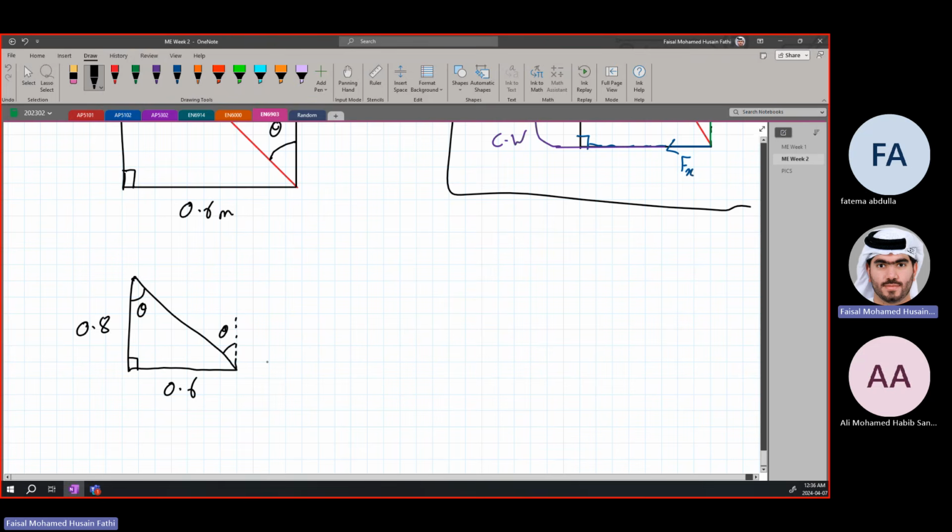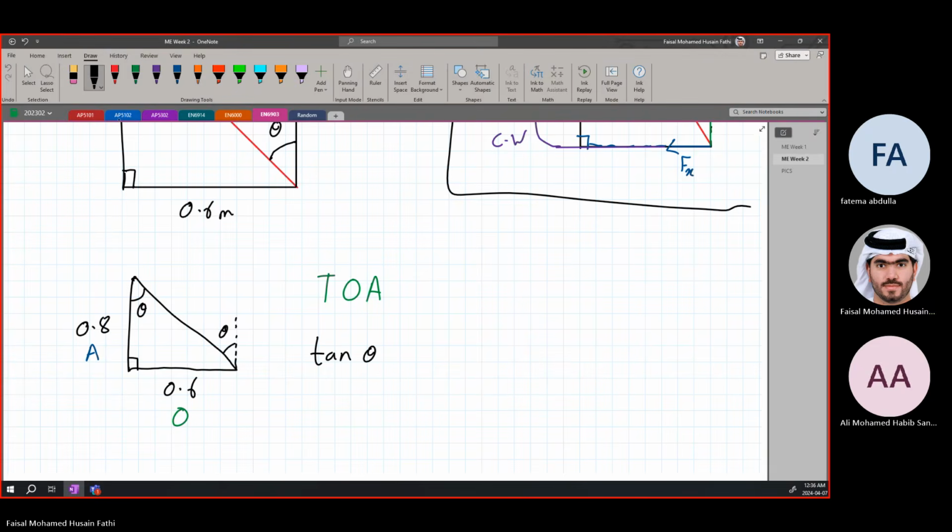So we need to find an angle theta. We have an adjacent, this is the adjacent part, and this is the opposite part. So we're going to use TOA. So tan theta is equal to opposite over adjacent, which is opposite 0.6, adjacent 0.8.